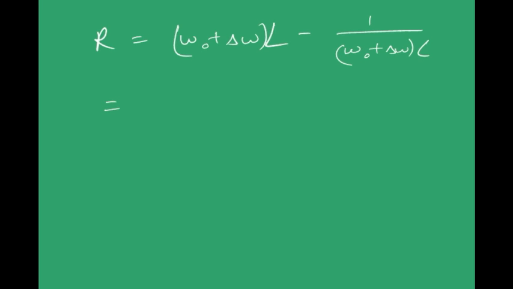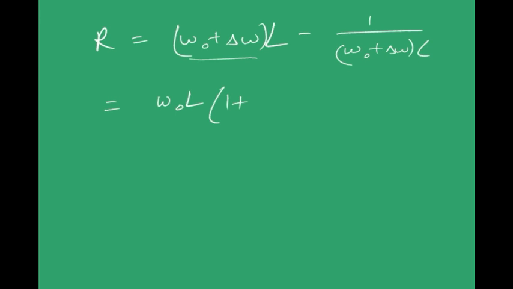Hope it's not getting complicated. Observe one thing. This one I'll write as same L minus, and I'll take omega naught common from this one. Here I had omega naught plus delta omega into C. I am taking omega naught L common, that is omega naught common from this term.